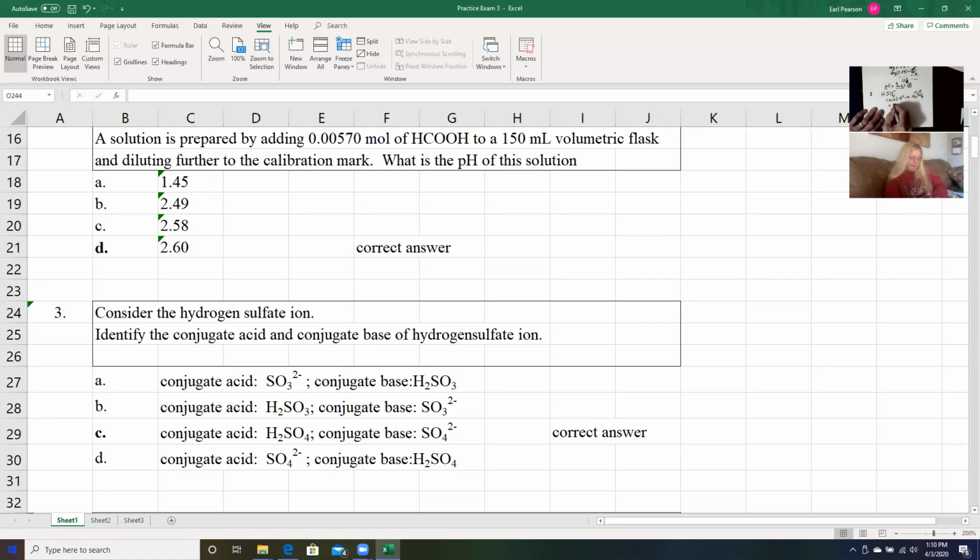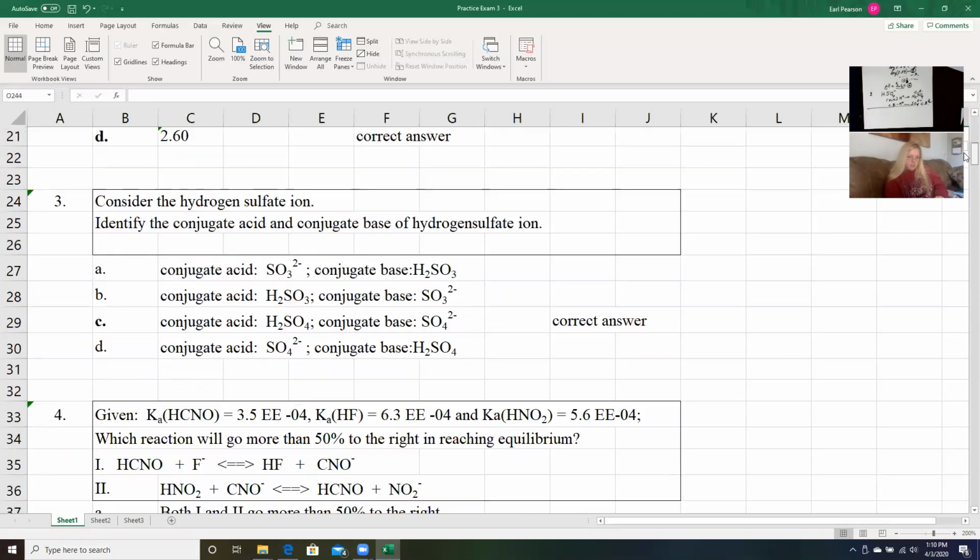Conjugate base is going to be what you get when you take a proton away. So if I take a proton away from HSO4 minus, I get SO4 2 minus is the conjugate base. And that's going to be answer C. Okay? All right. And moving right along.